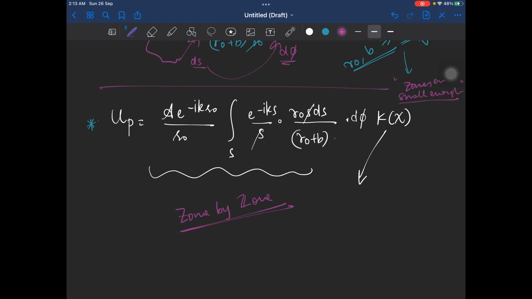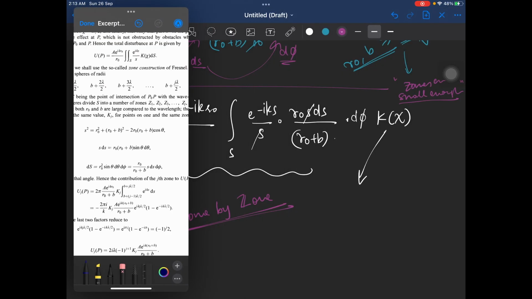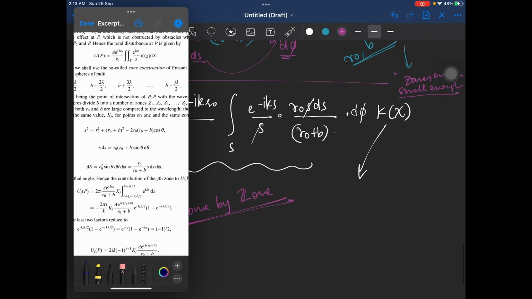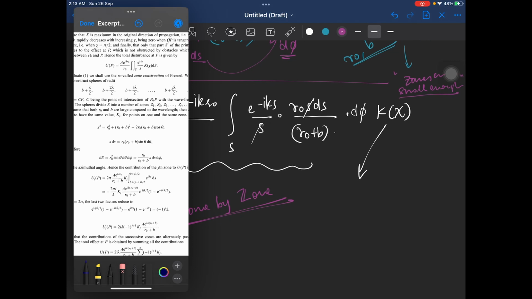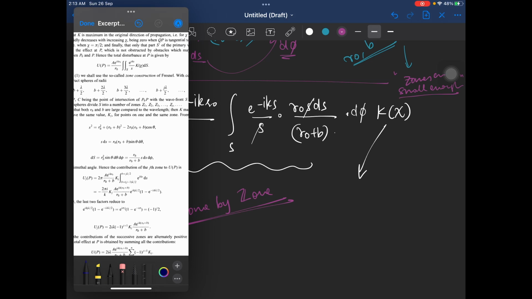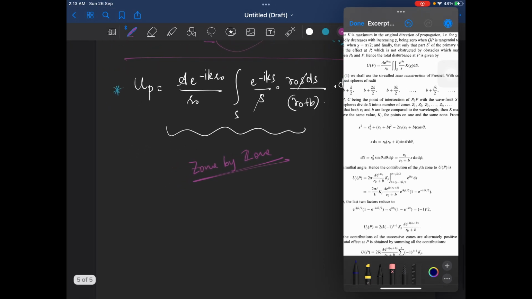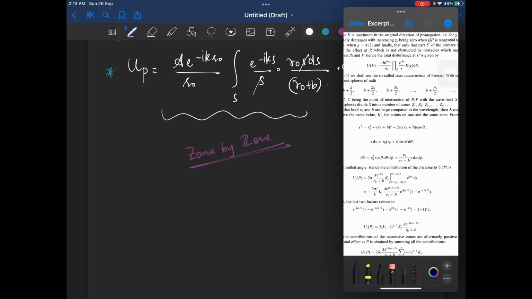So the contribution of the jth zone to U of P is, so we are trying to do something like U of P, and I'm trying to understand this stuff basically.